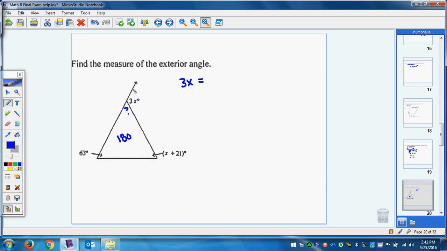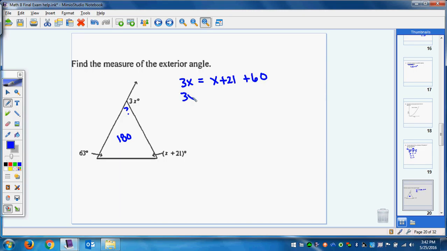Because again, as I was trying to show you when it was sideways, those two, the 3x and the question mark, are supplementary, which means it would be 180. So that means that these two pieces here are actually equal to this piece here. Because the question mark is already taken into account on both sides. So I could really just say, okay, x plus 21 plus a 60 and solve it from here.